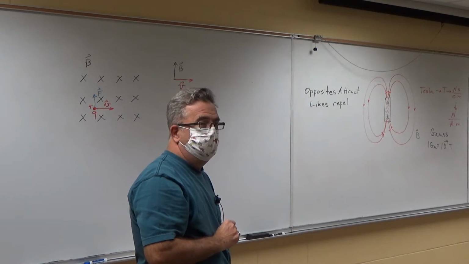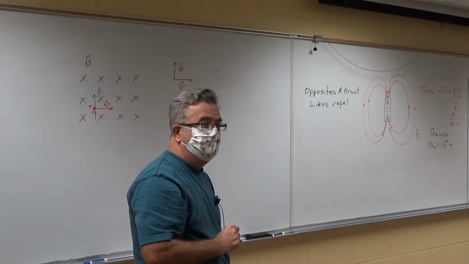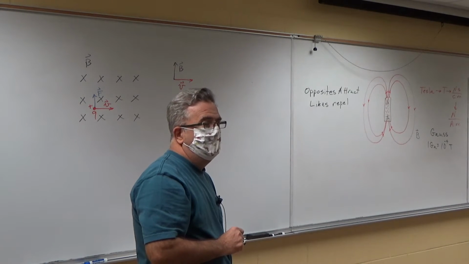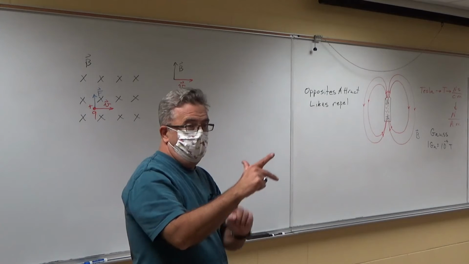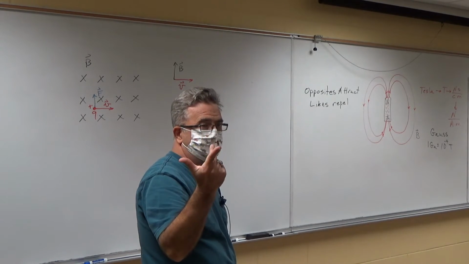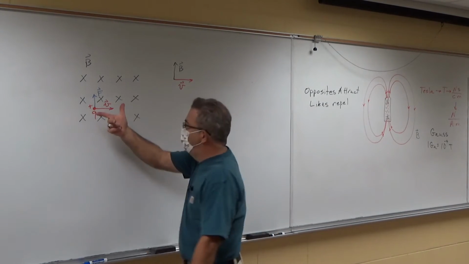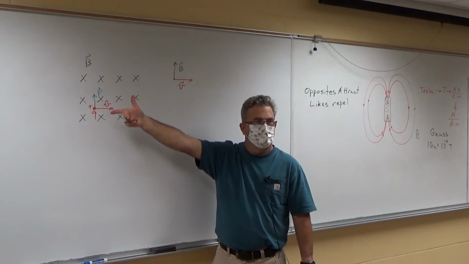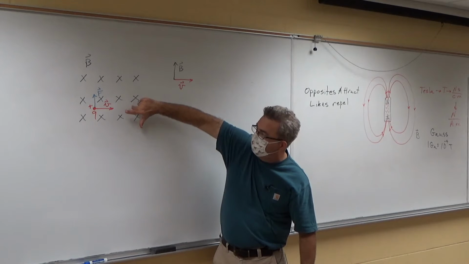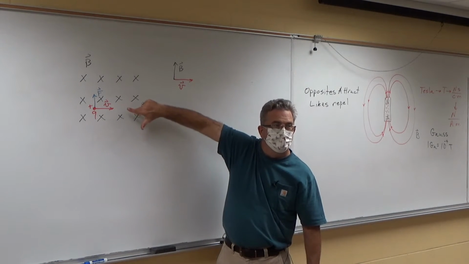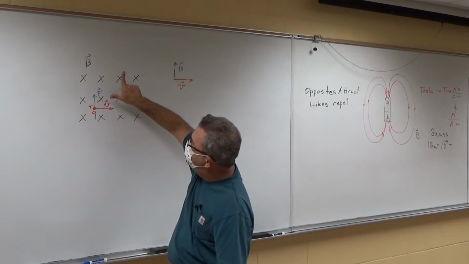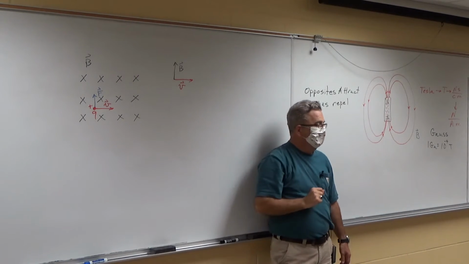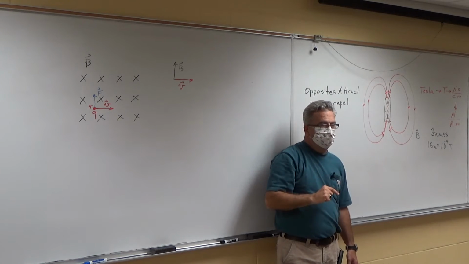You make this fit your coordinate system. So if V were in this direction and B were out of the board, or if V was that way, B this way, that gives you the force direction.